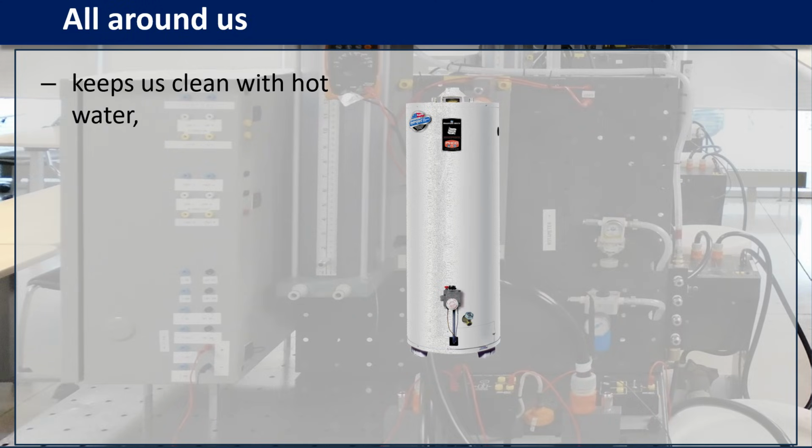Instrumentation is hiding in plain sight in our homes. Right now, your home is safer because instrumentation keeps us clean with hot water, keeps our food safe and stored longer, allows us to control the cooking process, and keeps us warm or cool by controlling our home's environment.